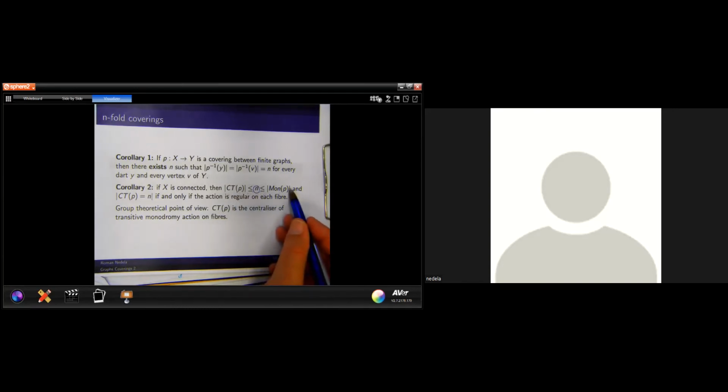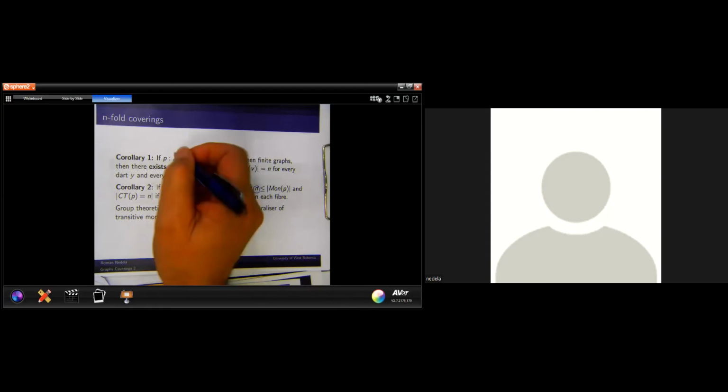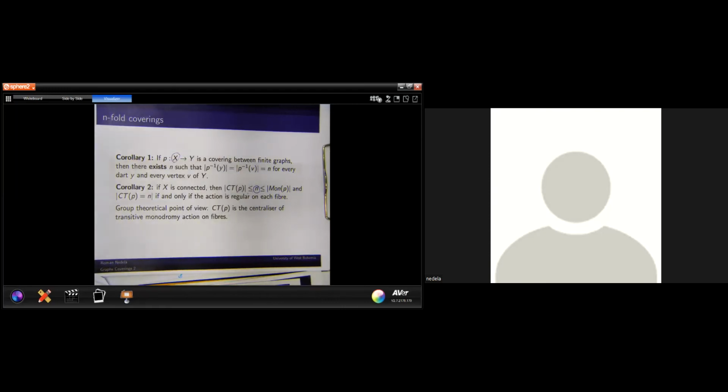And because of transitivity of the action, and transitivity is equivalent to the connectedness of the graph X, which is our usual requirement, this group is at least as large as n.